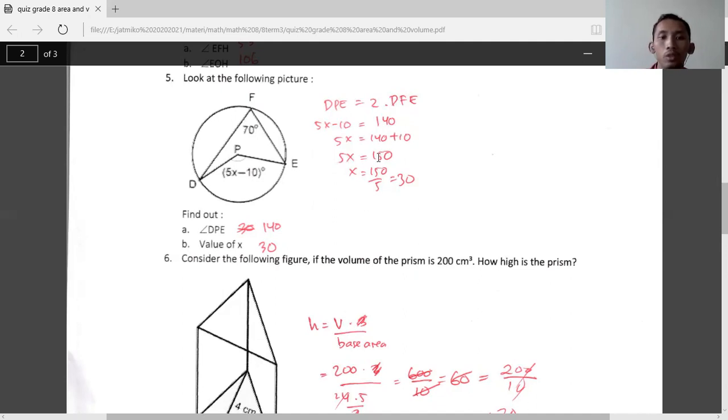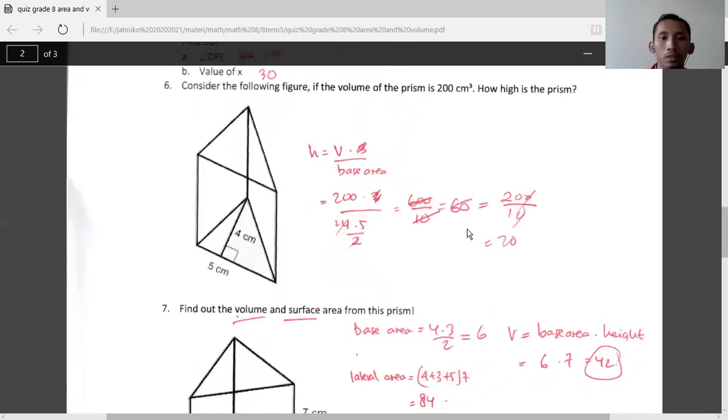So 5x equals 150 and x equals 150 divided by 5. So that is 30. So GPE is 140. No need to find x, just multiply 70. And then x is 30. I thought this is kind of easy for you.